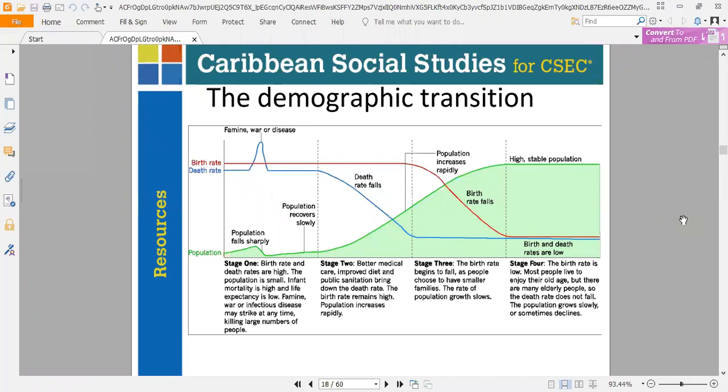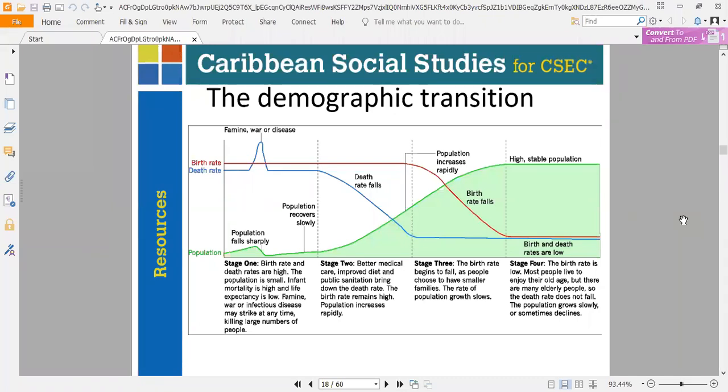So there is better medical care to ward off the diseases. There is improved diet and public sanitation, right? Again, tackling the problem or the issue of diseases as well as the famine. The death rate now begins to go down. If we look in, we will see the blue line going down.